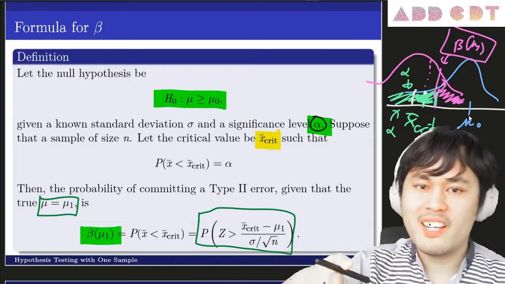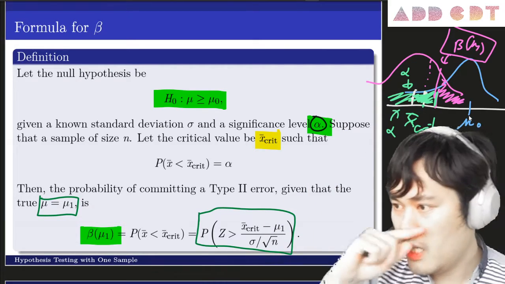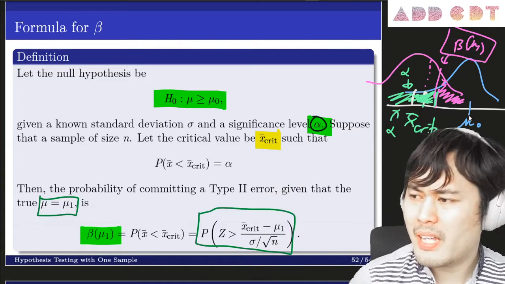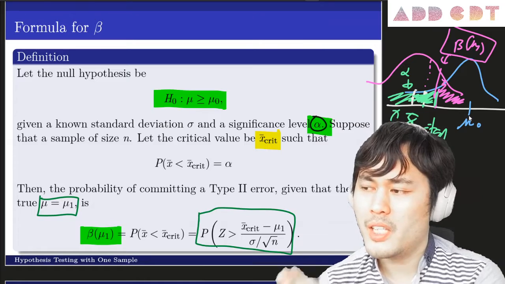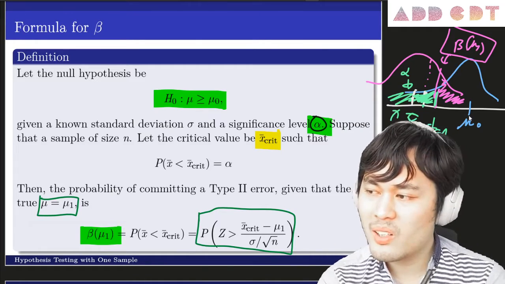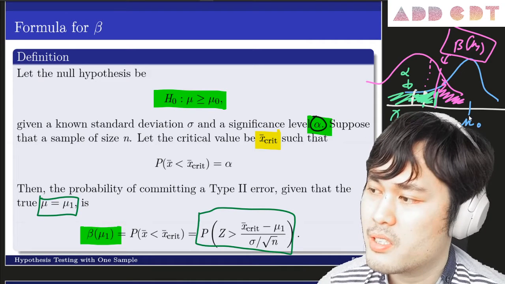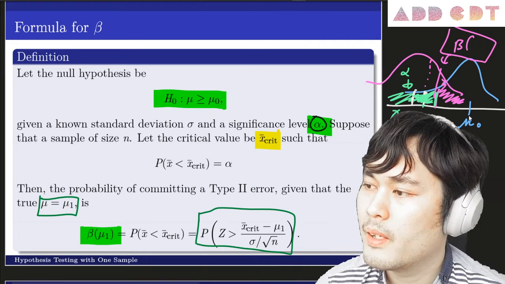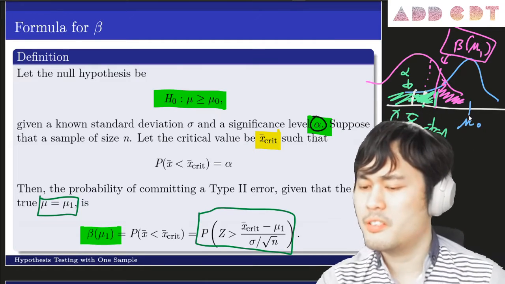You put the point here, just that point, and you want that area to be 0.05. But for beta, you have to add an additional condition: you think it's wrong, sure, but how wrong? What should be the new one? That's this extra information.